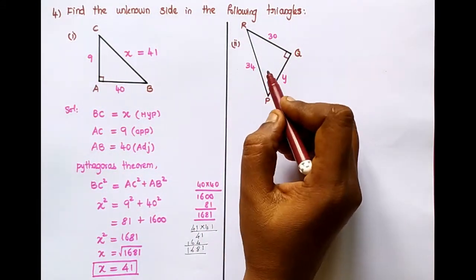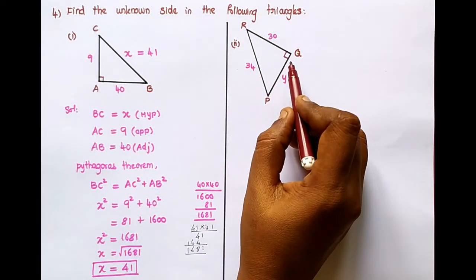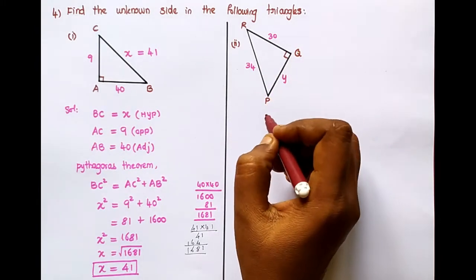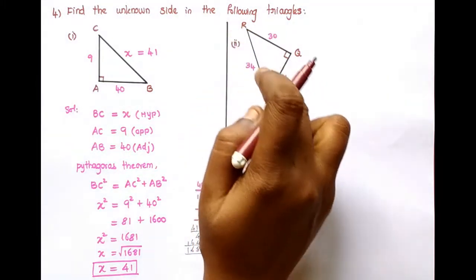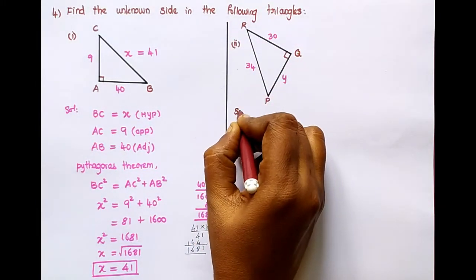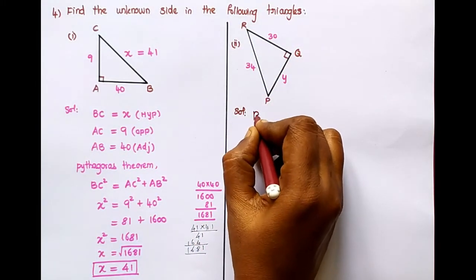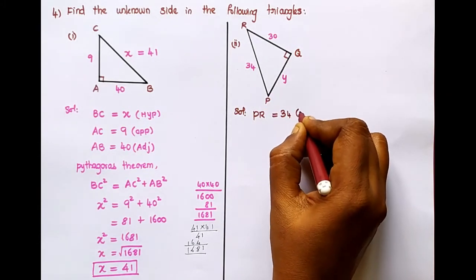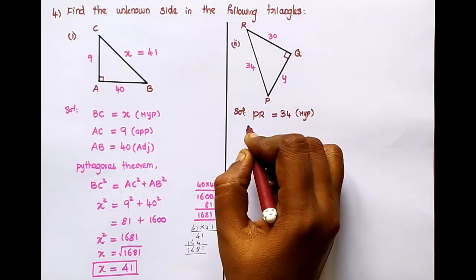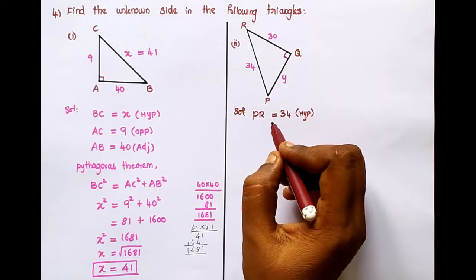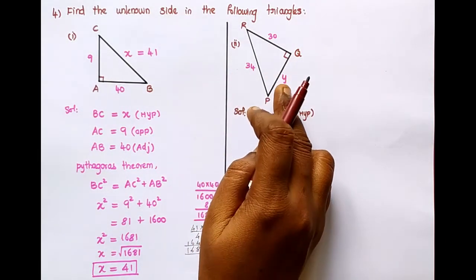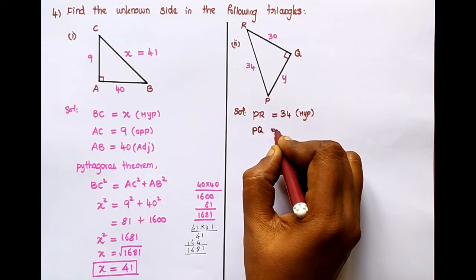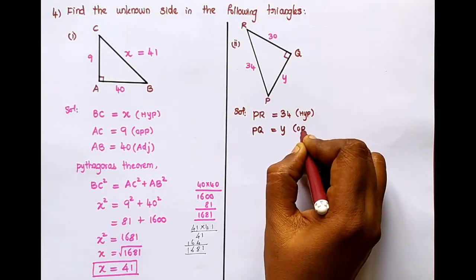Next, second sum, that is also a right angled triangle. Here PR is the hypotenuse. Listen, PR equals 34, that is the hypotenuse. Next, PQ, the side opposite, that is y. It is the opposite side.